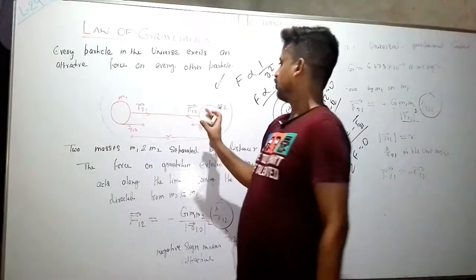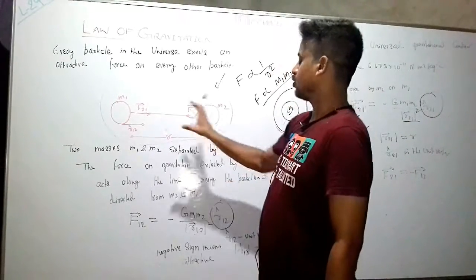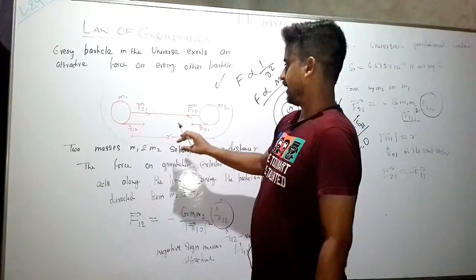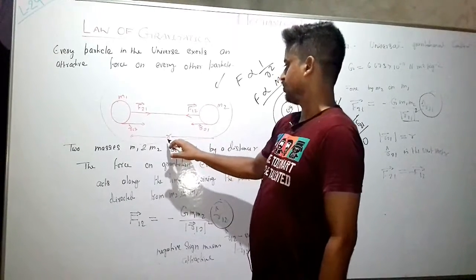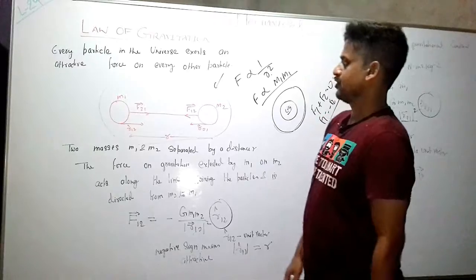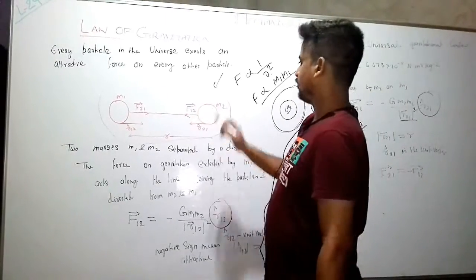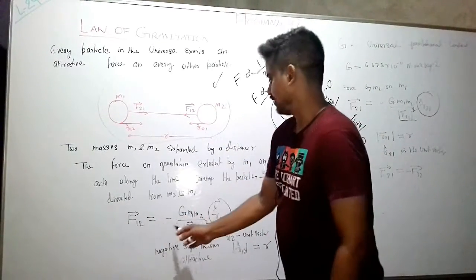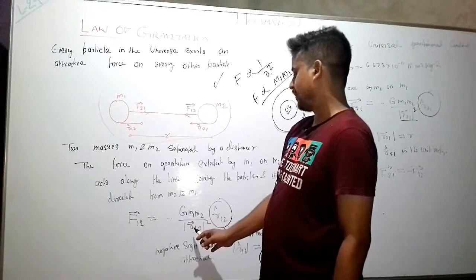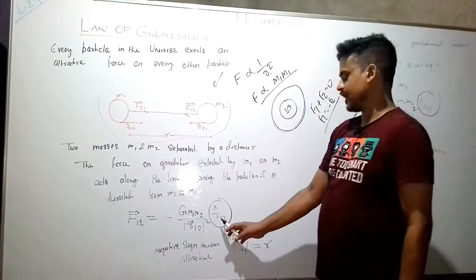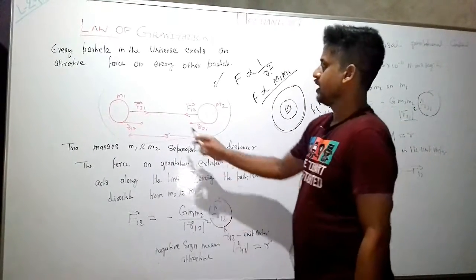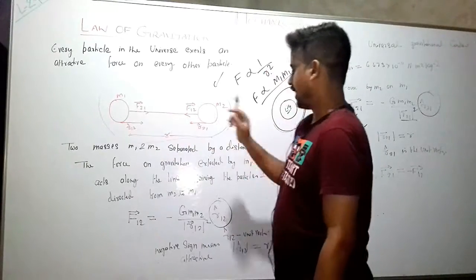So there are two masses, m1 and m2, and the distance between these two masses is r12. The force exerted by m1 on m2 is F12 equals minus G m1 m2 divided by r12 squared, times r12 hat, the unit vector from m1 to m2.